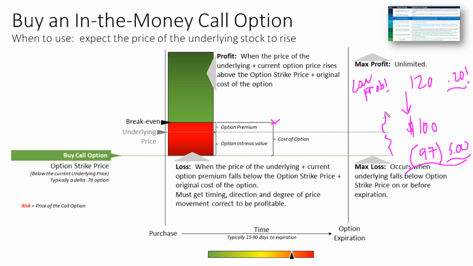Once you get a little bit higher, that's where your profit potential is really maximized, after you get over the break even strike price. So in this example, if I paid $5 for a 97 call option, as soon as the stock got up to about $102, I would be past my break even point and start to make money.